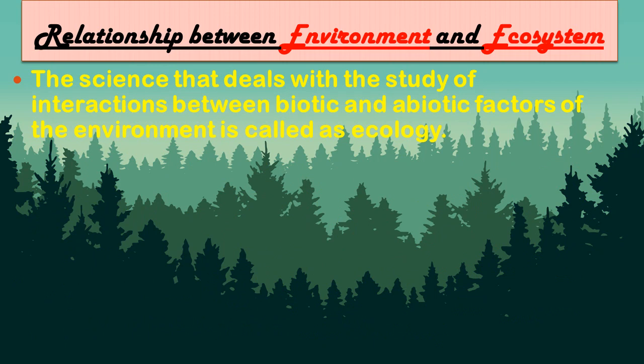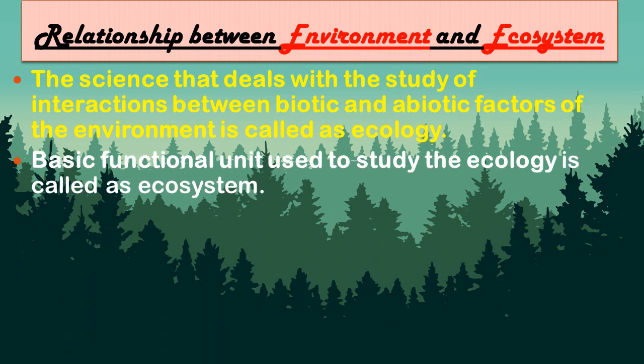We know that in the environment different biotic and abiotic factors interact with each other. The branch of science which studies the interaction of biotic and abiotic factors in the surrounding environment is called ecology. The basic functional unit used to study ecology is called the ecosystem. We have seen different types of ecosystem like terrestrial ecosystem, aquatic ecosystem and desert ecosystem.